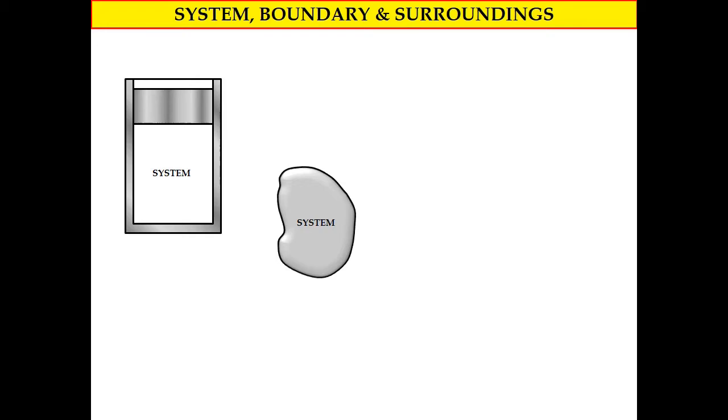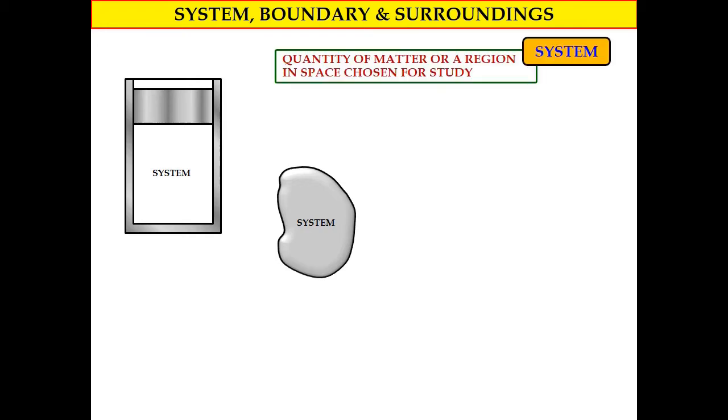and also the surroundings. A system, in terms of definition, is a quantity of matter or a region in space chosen for study. So the system is the area or region that we use to study the thermodynamic process.